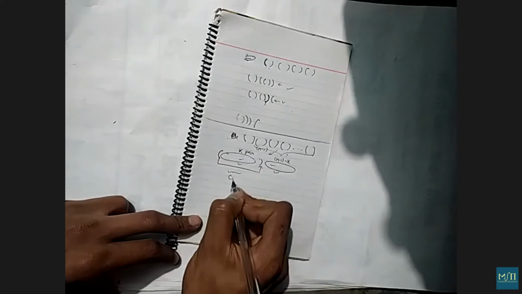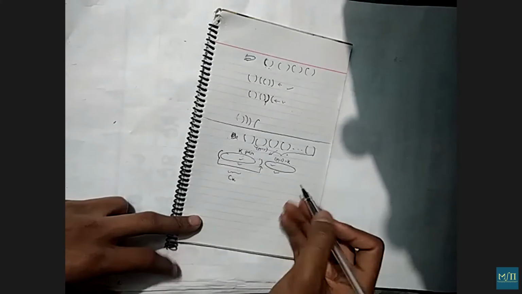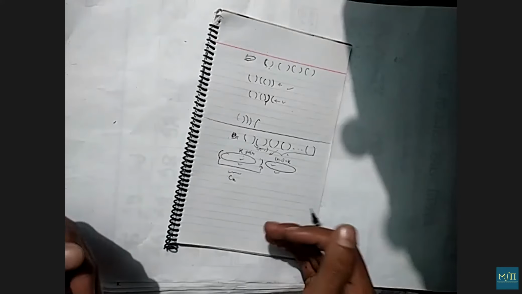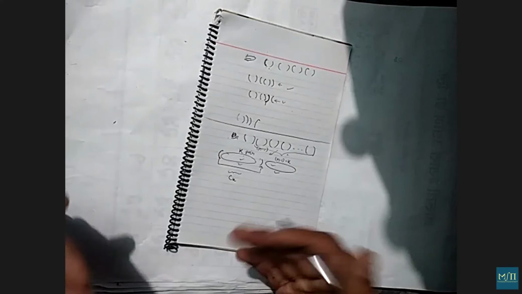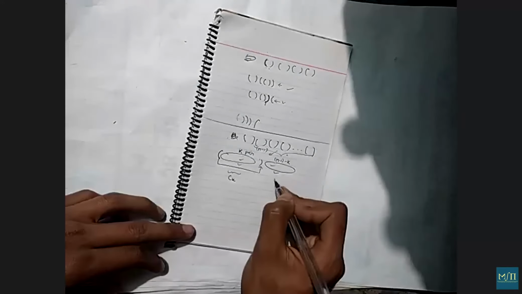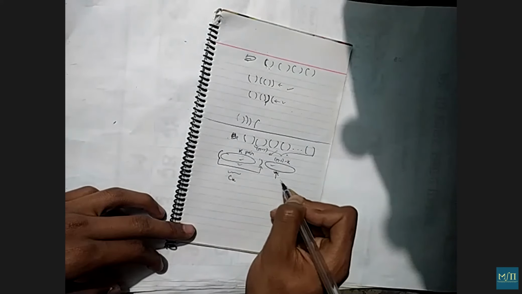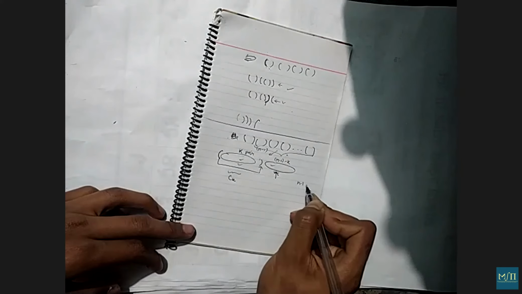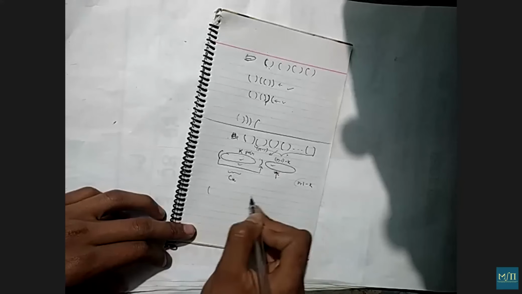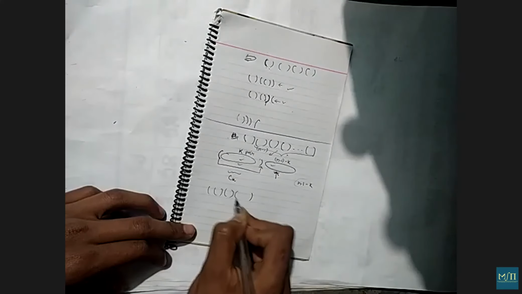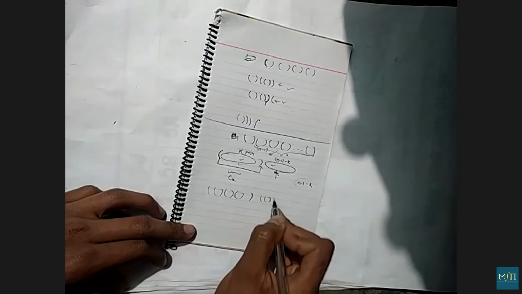So you have c_k ways, where c_k represents the kth Catalan number, the number of ways of arranging k brackets. Makes sense, right? And you have to arrange n minus 1 minus k bracket pairs over this segment. So it's a case like this and like this.